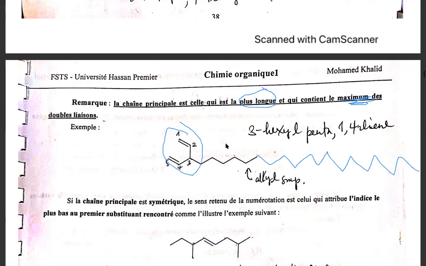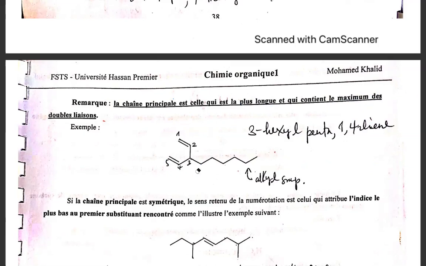There is a function that we're supposed to use to define this compound, and that function is what we are using as the suffix. Is it clear, Madam Blessing? So the longest chain principal and contient le maximum de double liaison.